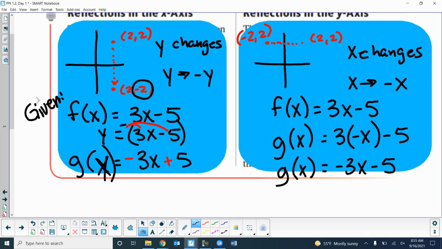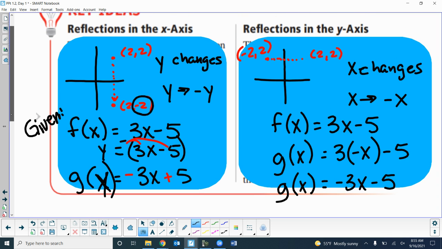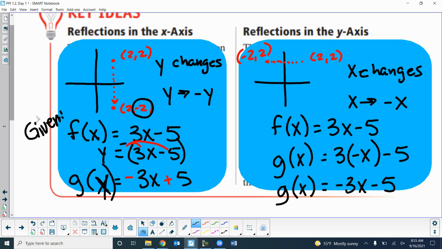So when it's a reflection about the x-axis, we're taking the opposite of the whole thing, like distributing our negative. When we're going across the y-axis, we're just changing the x value to its opposite. Okay? Questions? All right. So far, so good?